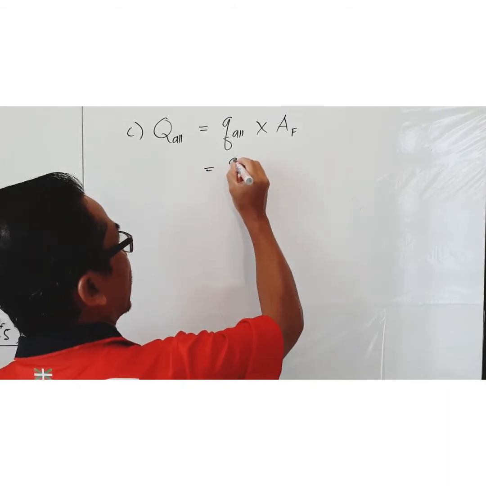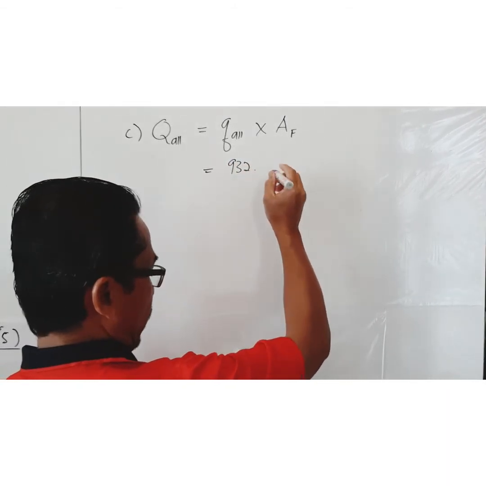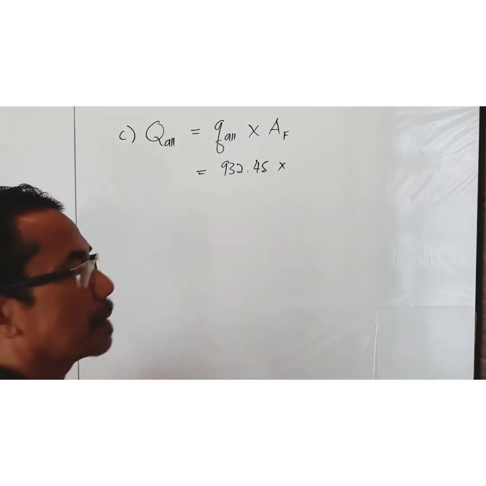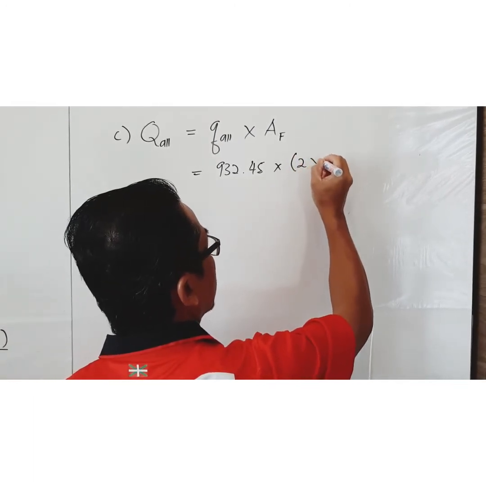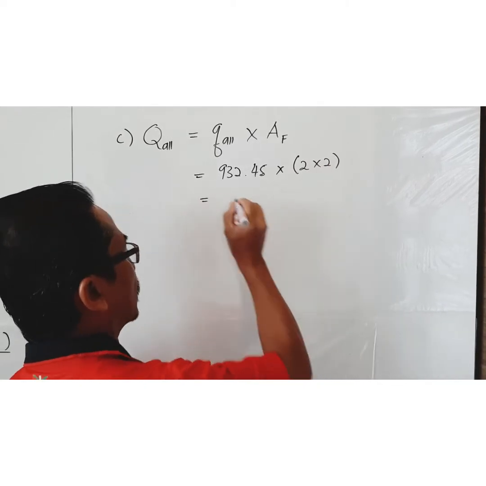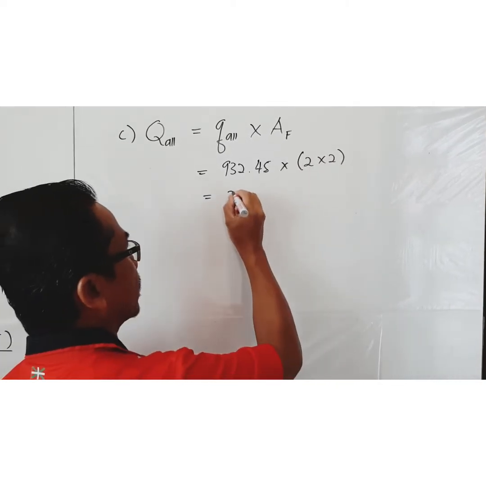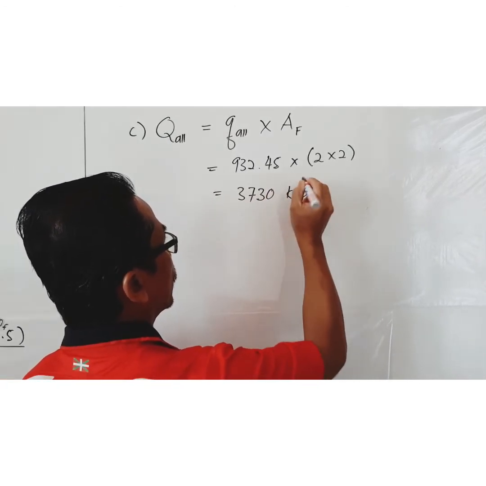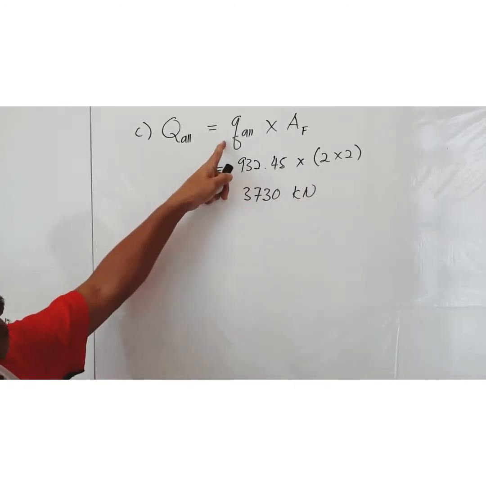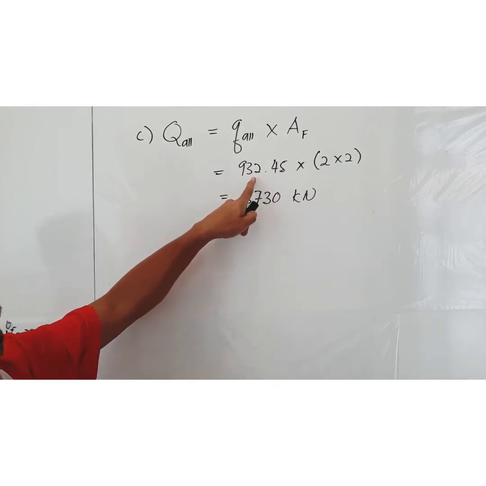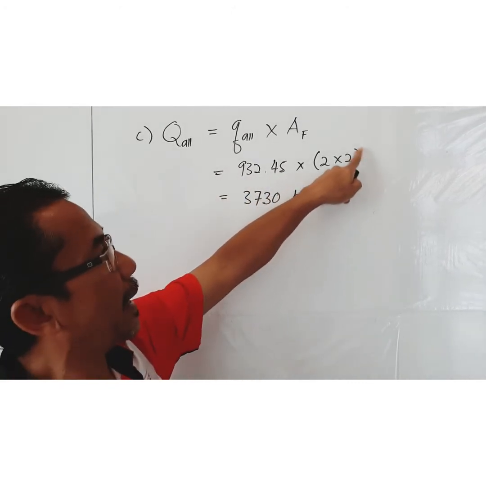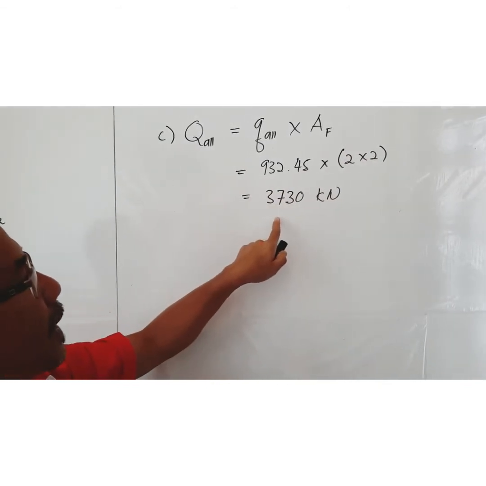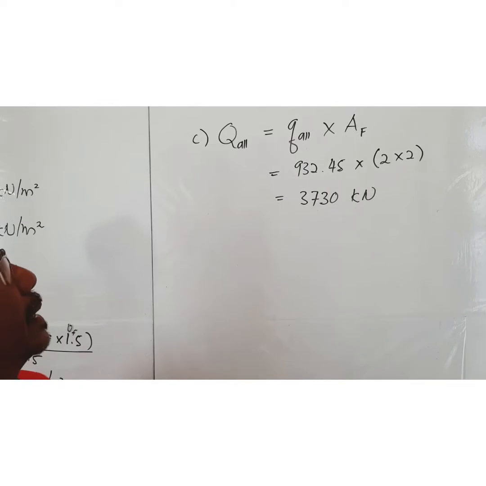So 932.45 multiplied by the area of the footing, 2 meters by 2 meters. So we should get 3730 kilonewton, right? Q allowable, the unit is in terms of pressure, kilonewton per meter squared, multiplied by the area, the unit is meter squared. So meter squared cancels, and the final unit is kilonewton.